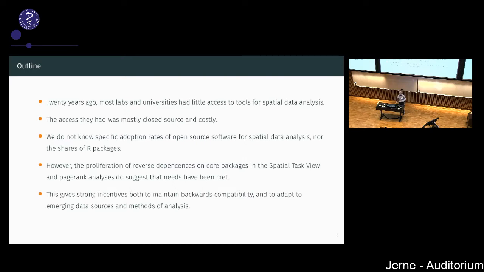Not only were they closed source, so we couldn't see how the methods were implemented, but they were also expensive. So it was really difficult for universities to provide students with access to up-to-date software.